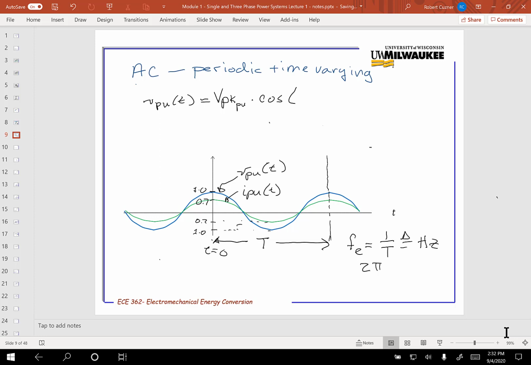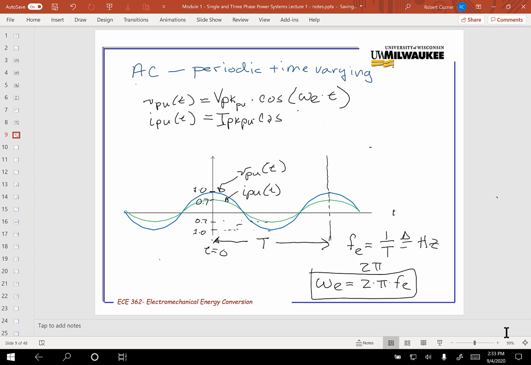So the angular frequency is 2 times pi times Fe. So this is going to be omega e times t. And the I per unit is going to be equal to some peak current, I peak per unit, times the cosine of omega e t.